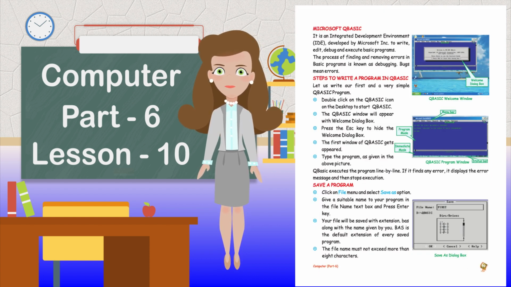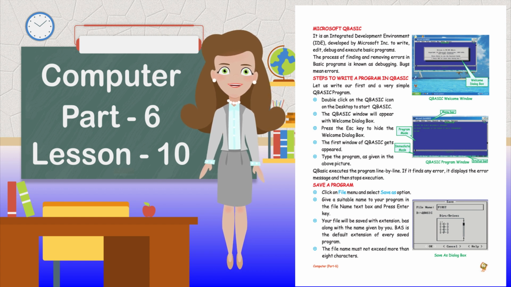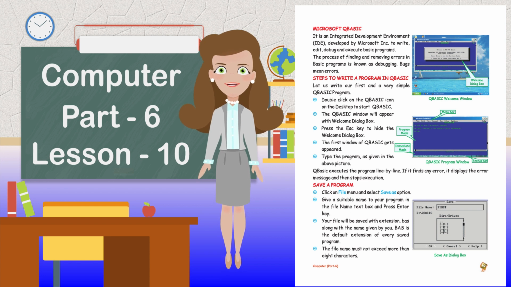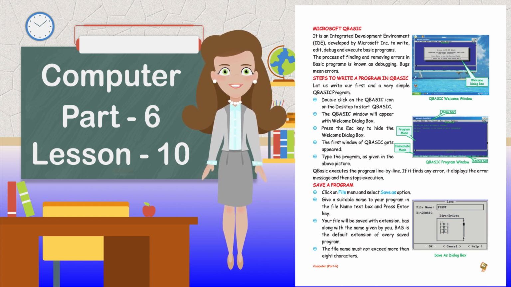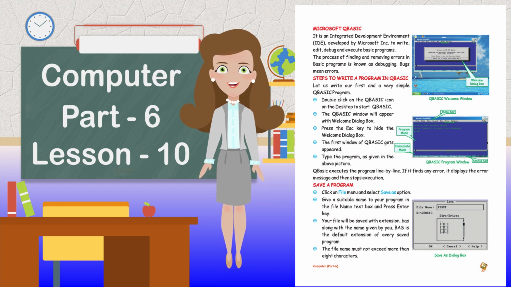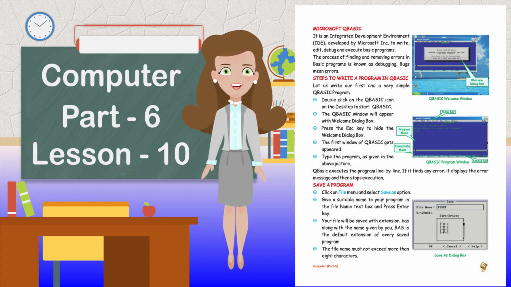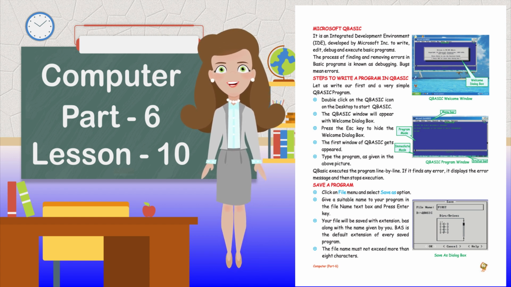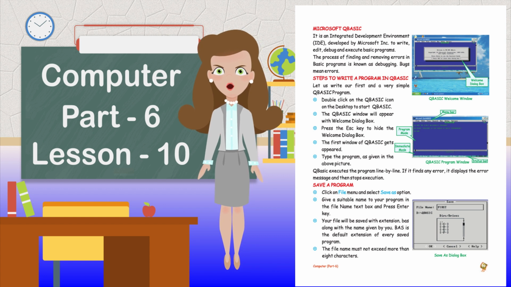Microsoft QBasic is an integrated development environment (IDE) developed by Microsoft to write, edit, debug, and execute BASIC programs. The process of finding and removing errors in BASIC programs is known as debugging. Bugs mean errors.